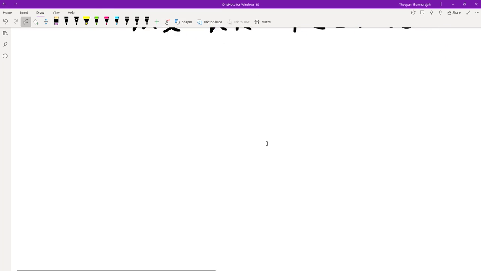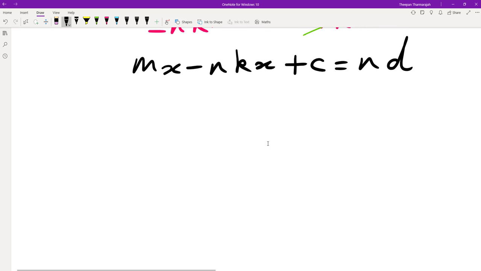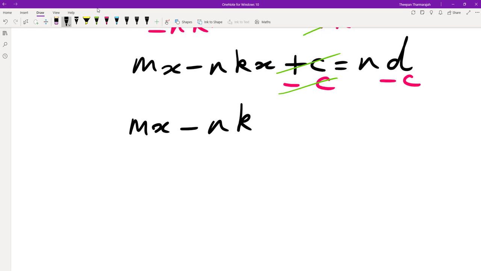Then what we're going to do, we're going to minus c on both sides of the equation. Then these two terms cancel out. So we get mx minus nkx equals nd minus c.